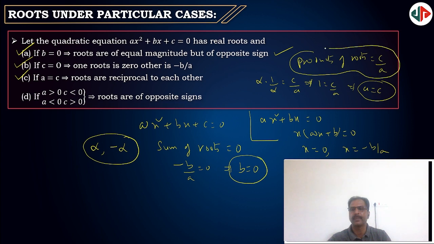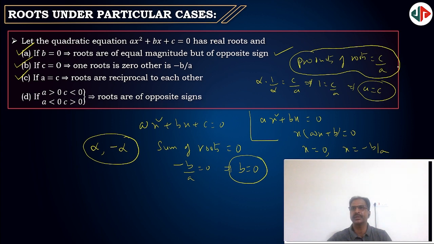Next, what is the product of the roots? c by a. Suppose out of a and c, one is positive and the other is negative, then the product of the roots will be negative. If a is positive and c is negative, or if a is negative and c is positive, the product of roots will be negative.